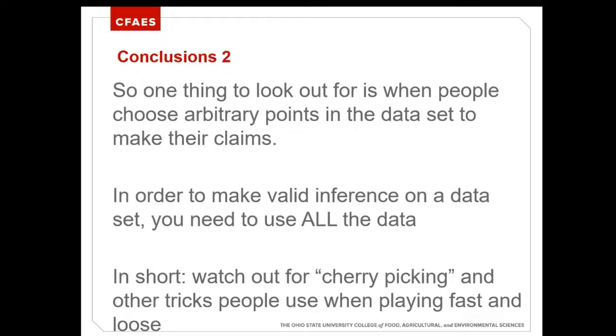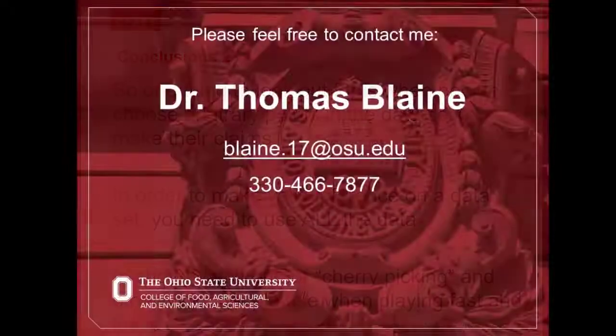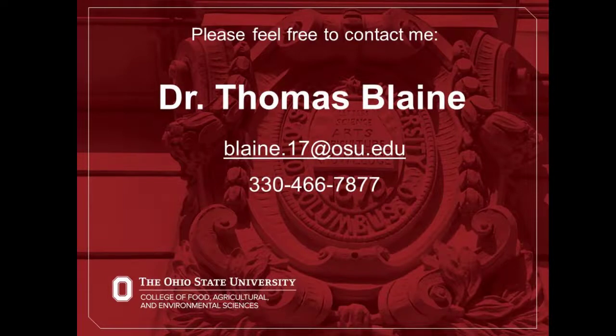And so one thing to look for when you're looking at trend data is whether people are choosing arbitrary points in the data set to make their claim, or are they using the entirety of the data set? And that's what I do on Earth is Our Home. In short, watch out for cherry picking and other tricks people use when playing fast and loose with data.